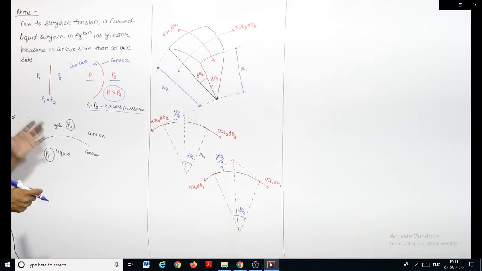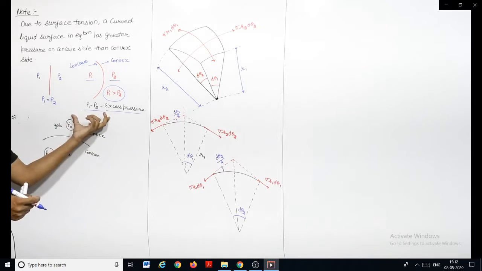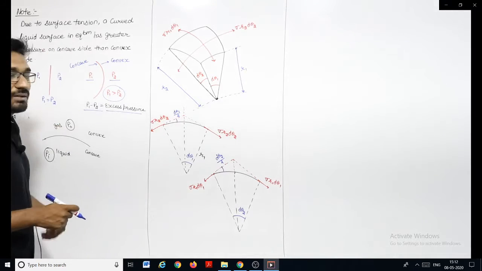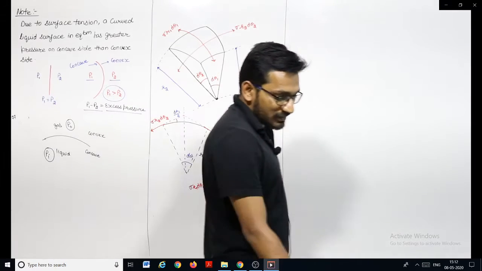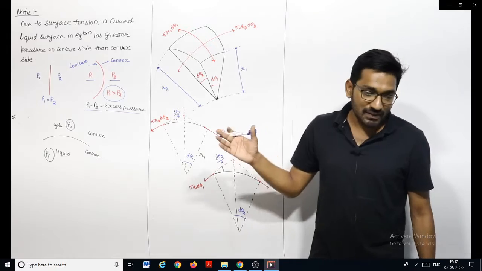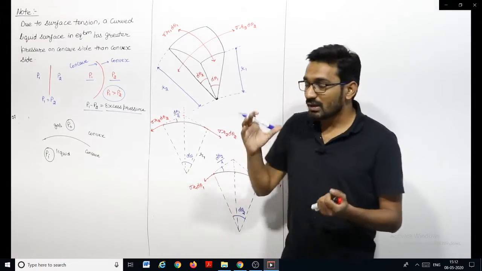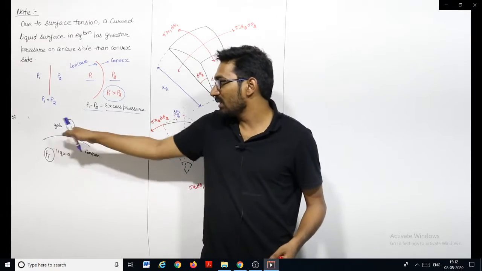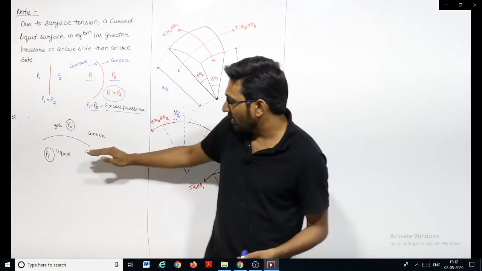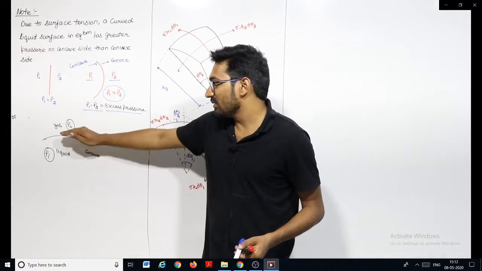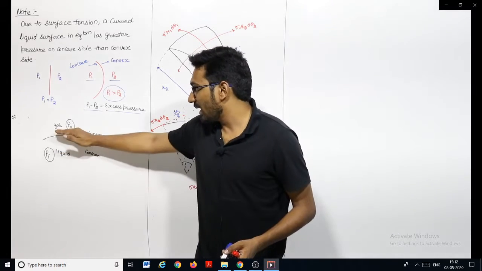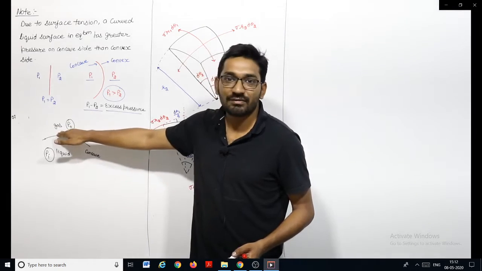Now let us see how the pressure on the concave side becomes more than on the convex side. Let us derive a formula. We are considering an elemental curved surface in which the liquid is on the concave side, and on the convex side we have gas.